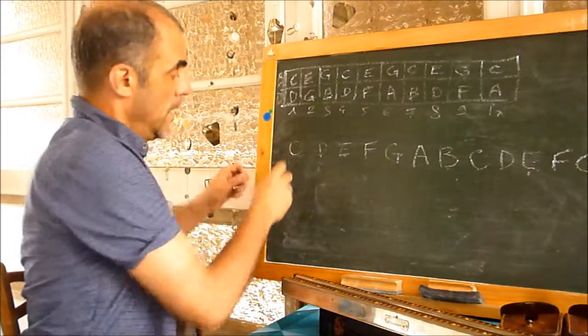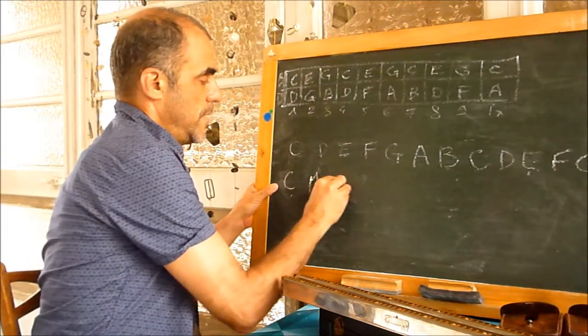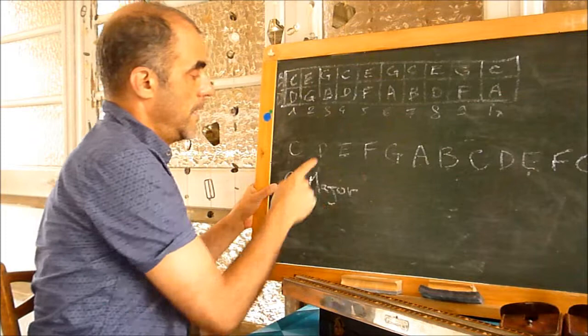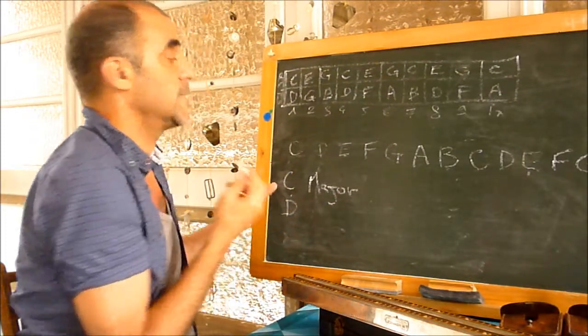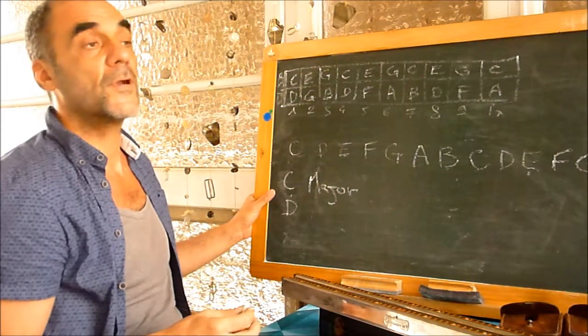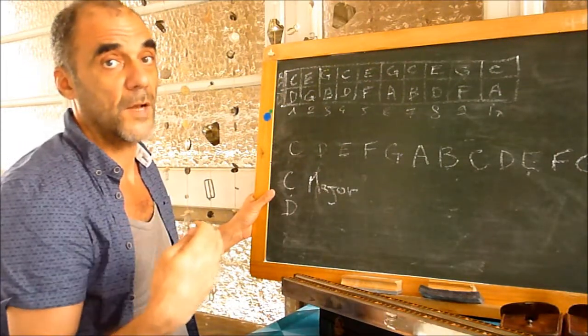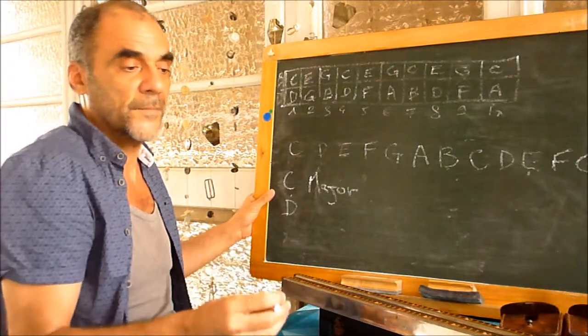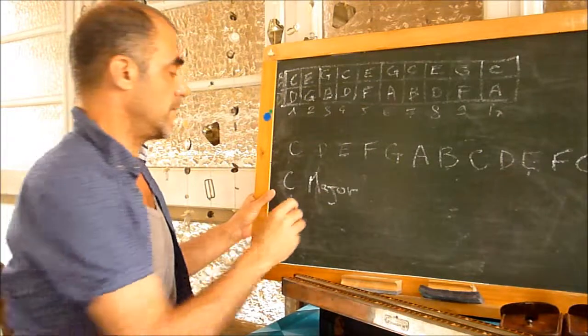Okay? The first one, of course, is the C major scale. The second one, we have seen it, is the D. It's a D minor. The real name is Dorian minor. The name of the kind of scale is minor, and the name is Dorian. Okay.